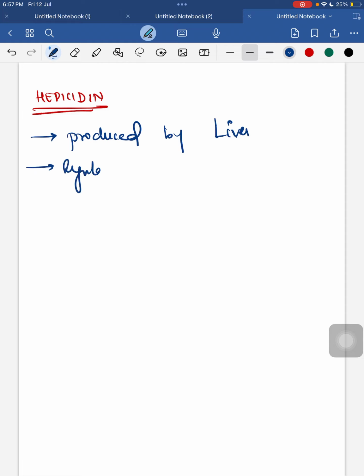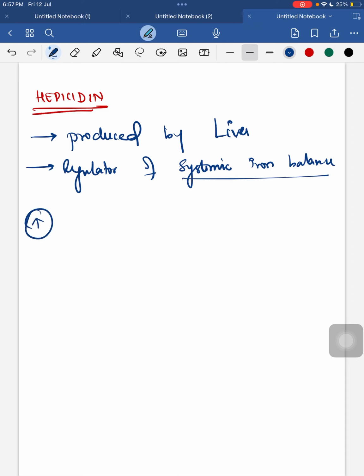So when your hepcidin level is too high, it will decrease the absorption of iron from the intestine. It limits the export of iron from your intestinal enterocytes.